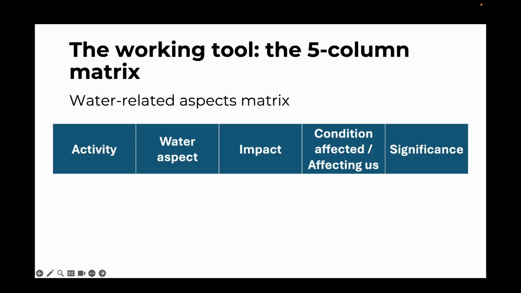So, this is where we ask whether BlueRiver affects a condition or whether the condition affects BlueRiver. And the fifth column is significance. This keeps the tool simple, but still powerful. And it prevents the aspects register from becoming just a list of environmental topics.